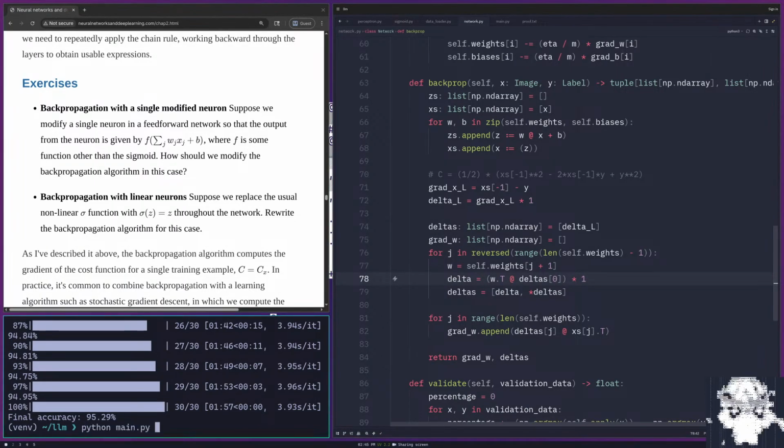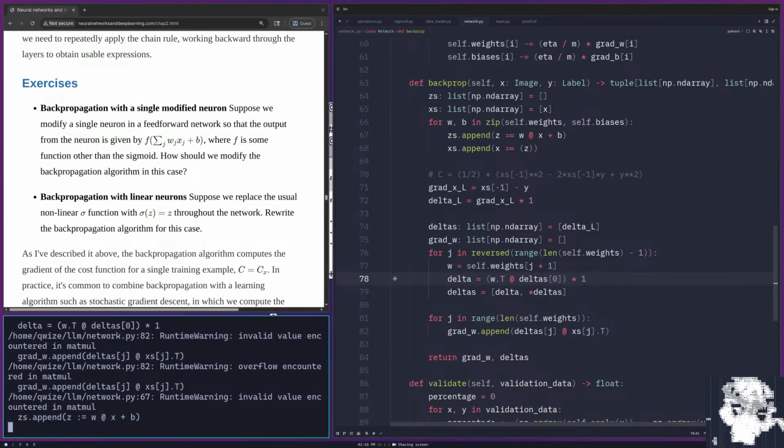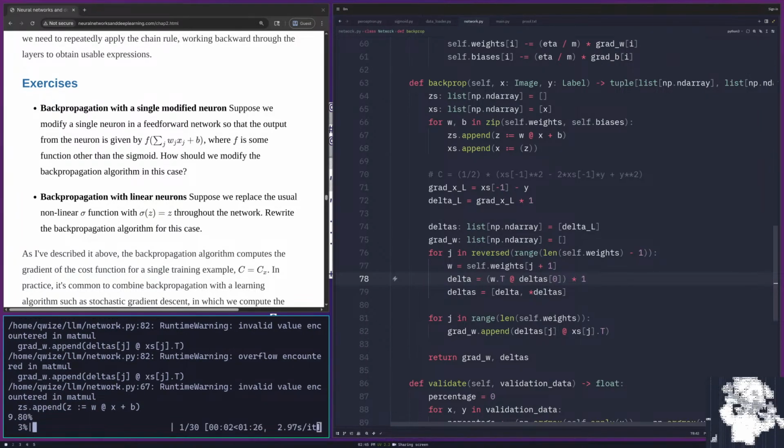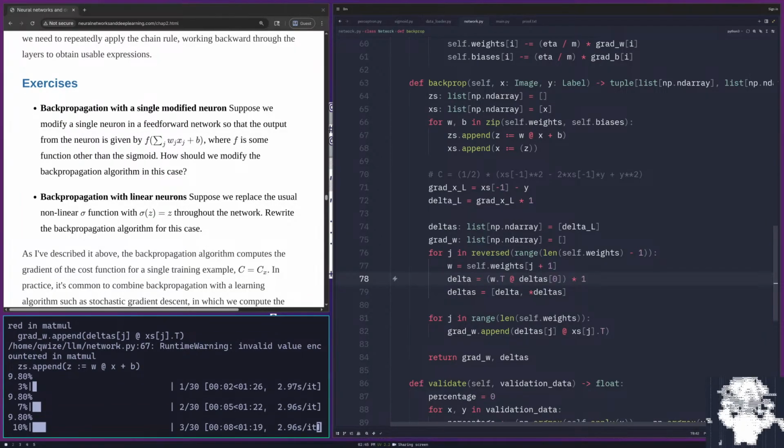So how well does that do? It doesn't do well. It's not learning at all.